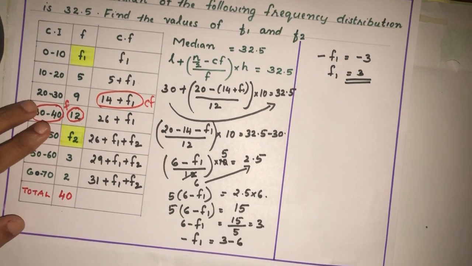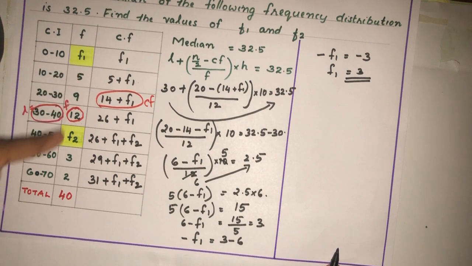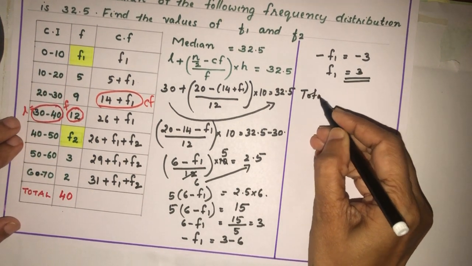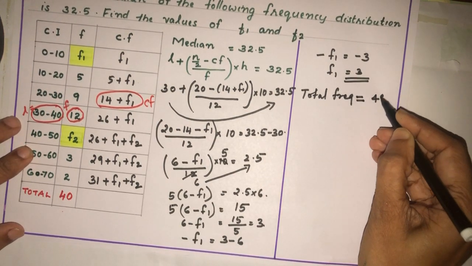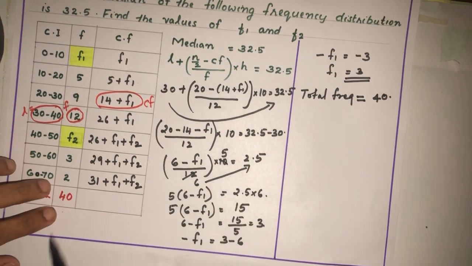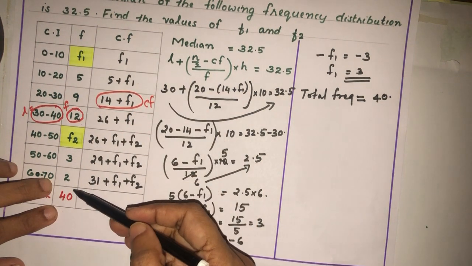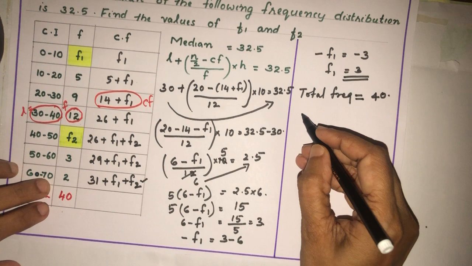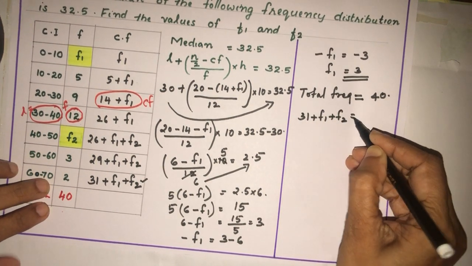In the last question what we discussed, the second missing frequency we get from the total frequency. Here what is the total frequency? The total frequency is given as 40. Okay. Total frequency means the sum of all these numbers, which we get as the last CF. So that is 31 plus F1 plus F2 equals 40.